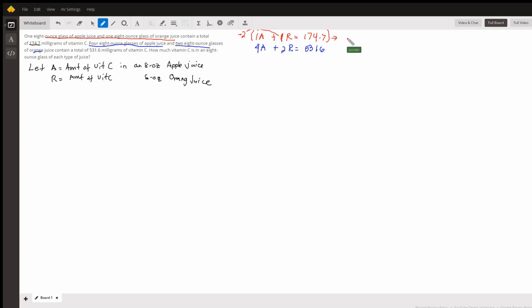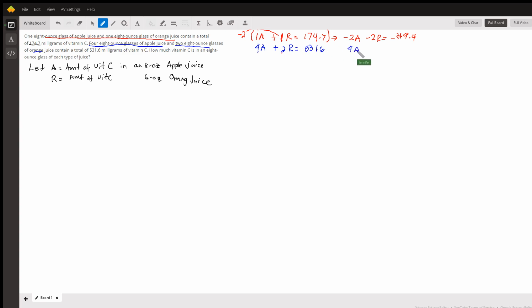So this one will become -2a minus 2r equals 174.7 times -2, which is negative 349.4.